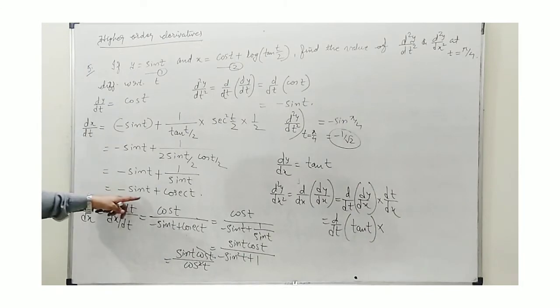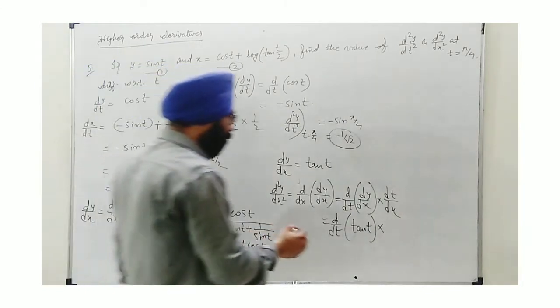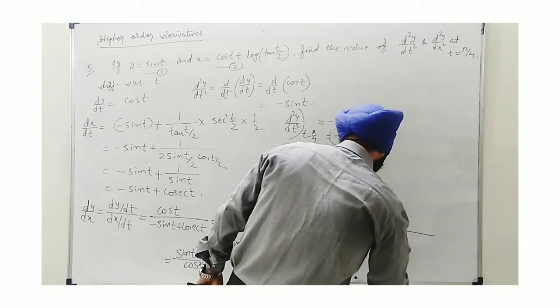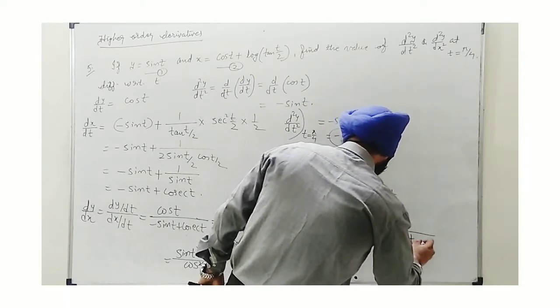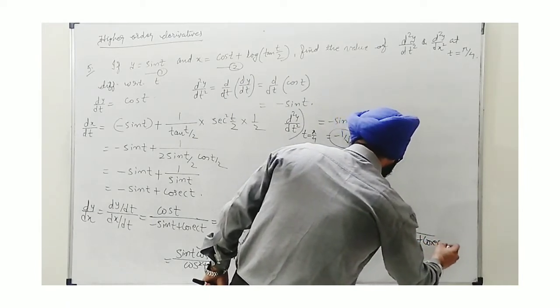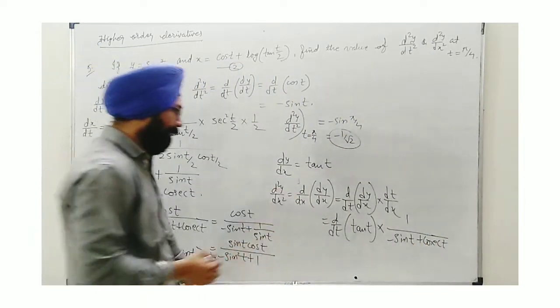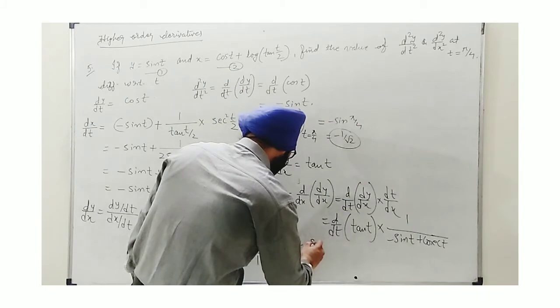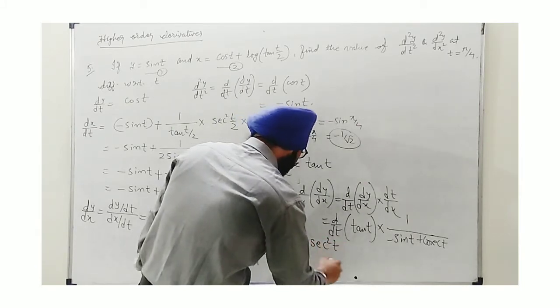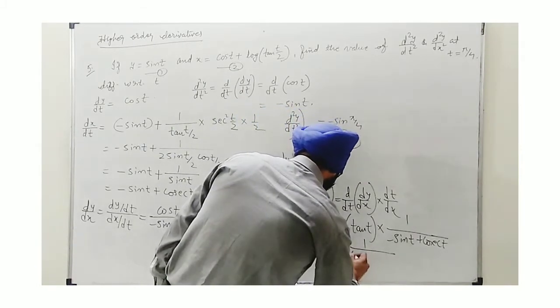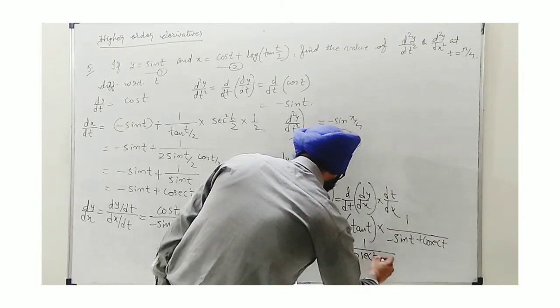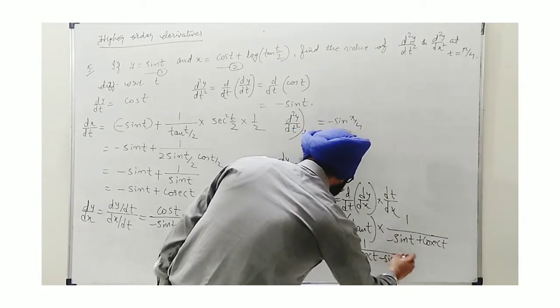Dx by dt was this much, so put the value. It's 1 upon minus sin t plus cosec t. Now we have to differentiate tan t. It comes to be sec square t into 1 upon, we can write, cosec t minus sin t.